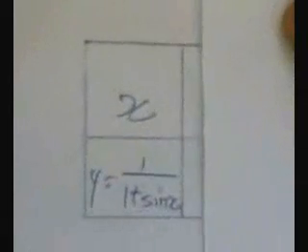Okay, now let us fill in the table. So this will be x, and y will be equal to 1 over 1 plus sine x. Why? Because the y values should come from the integrand, which is 1 over 1 plus sine x. So let us fill in the first value of x.